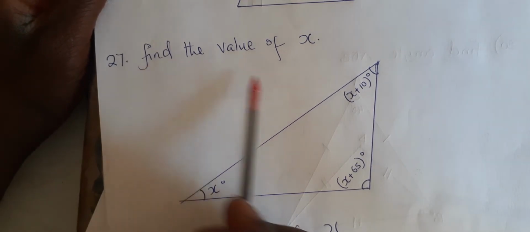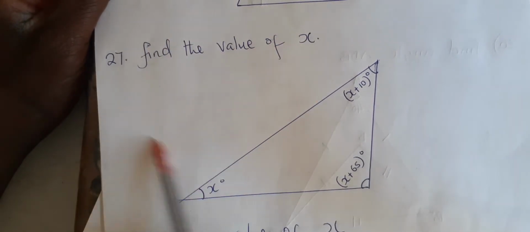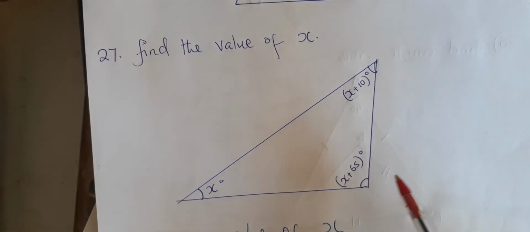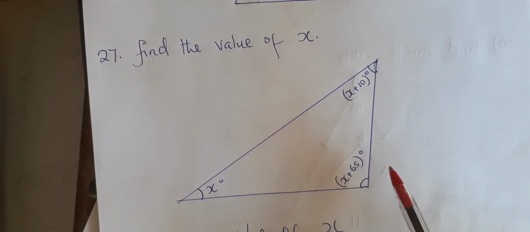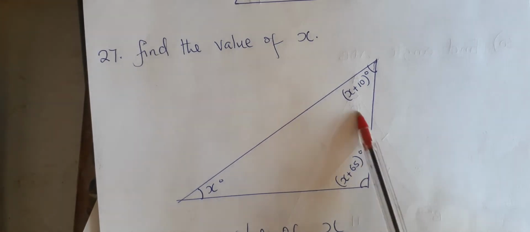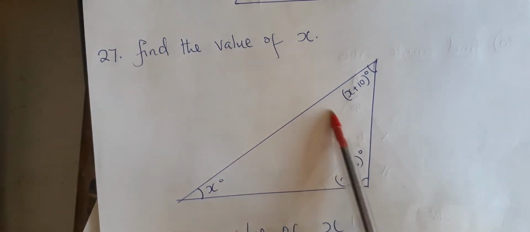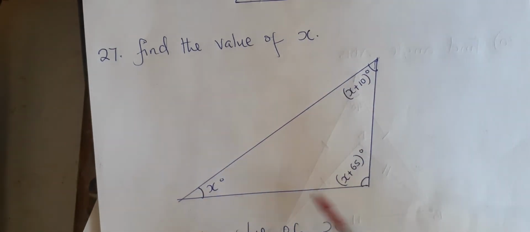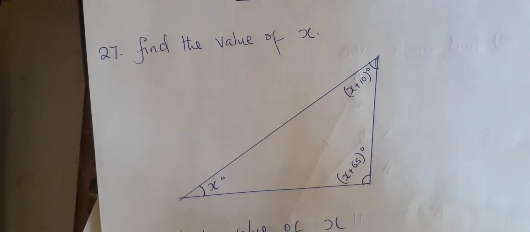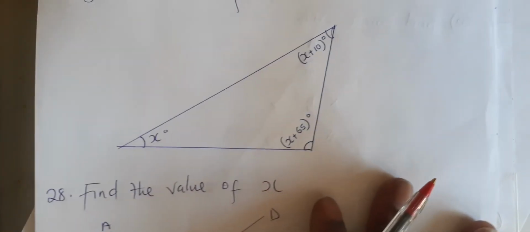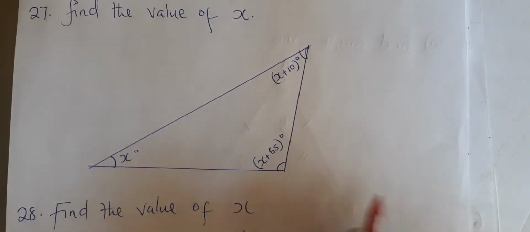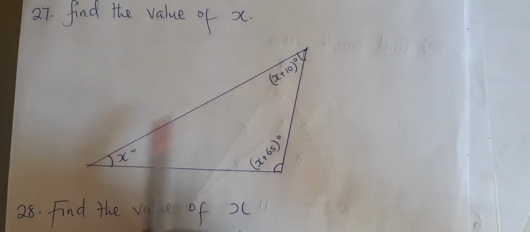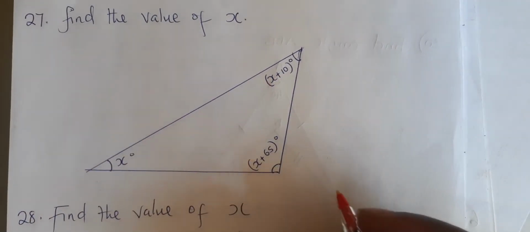But maybe before I give you this question as an exercise, I'm giving you some more questions as exercises. But first of all, let's do this one together. Find the value of x. So I'm sure you remember that we said these 3 angles in a triangle, when we add them, they should give us 180.